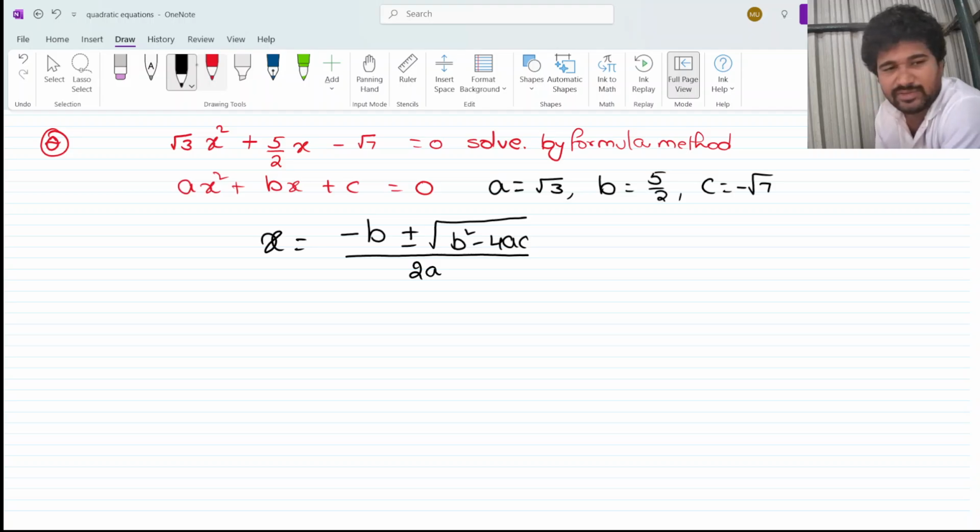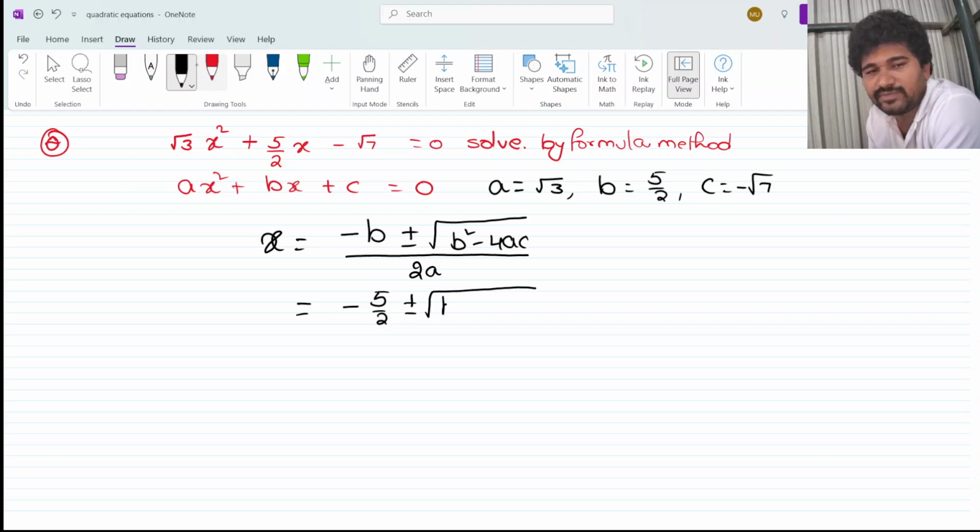Now substitute. Minus b is 5 by 2, plus or minus root of b square, which is 25 by 4, minus 4ac. 4 into minus minus will become plus root 21, whole divided by 2 root 3.